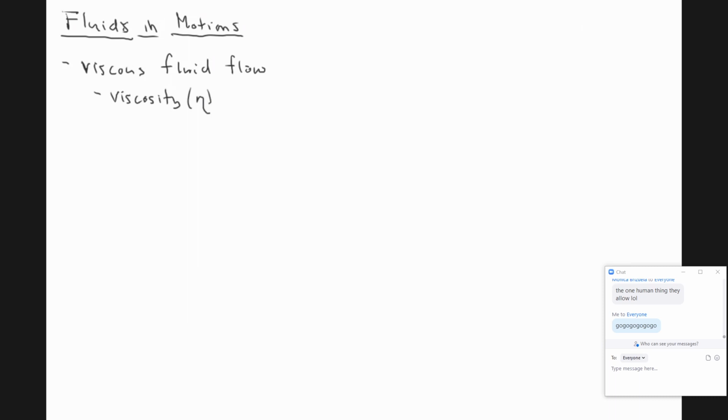Correct. So viscous fluid flow is anything that isn't super smooth, like laminar flow or idealized flow. So anytime you have viscosity, you have fluid friction. And what that entails is, let's look at the velocity profile of viscous fluid flow.